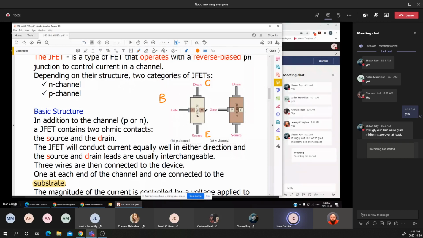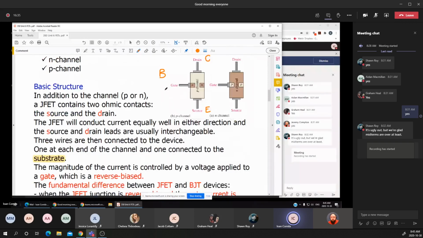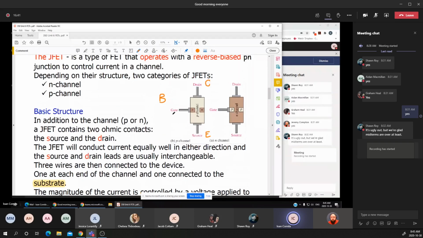The two N semiconductors, one on each side, will obstruct or limit the current that flows between the drain and the source. Without any gate voltage, with the gate voltage equal to 0, the current flows without any restriction between the drain and the source.